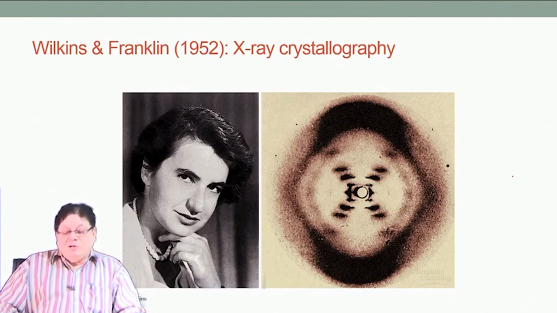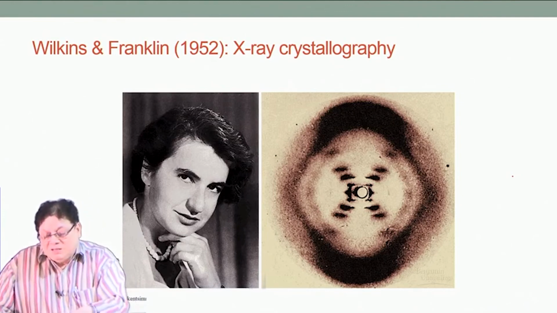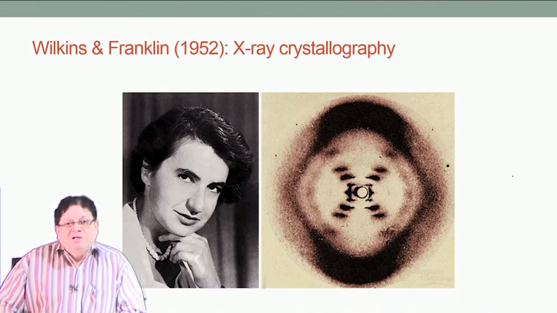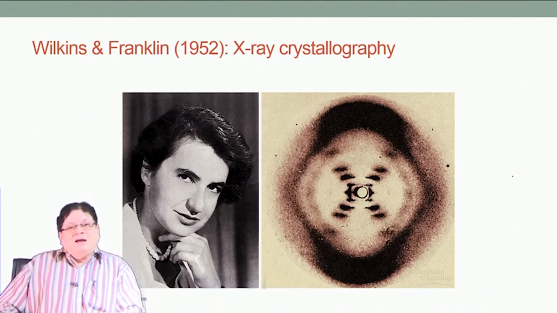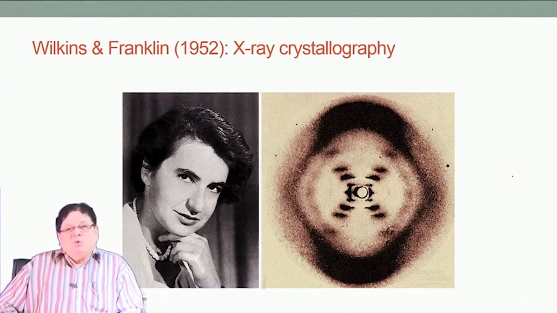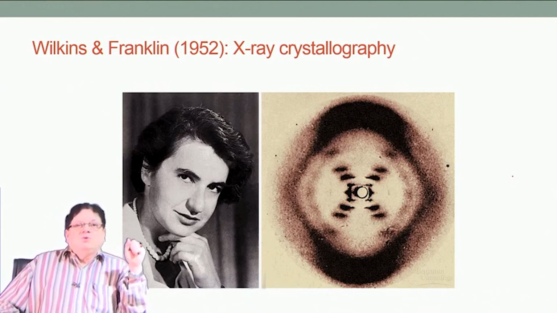Franklin in 1952 took this X-ray picture. That is the best X-ray picture that one could get at that time. Franklin got this picture, and Maurice Wilkins was also working along with her.